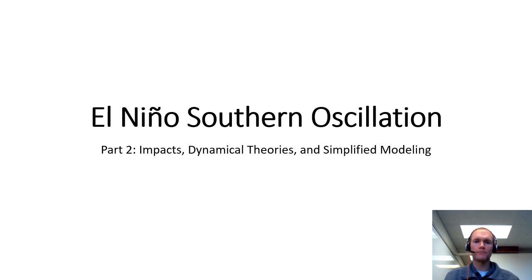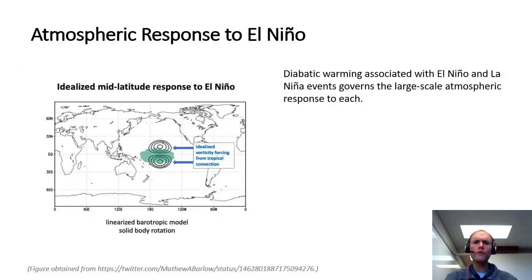So let's get started. Here we're going to take a very simplified look at the atmospheric response to an El Nino-like forcing. In this particular case, which is from a video put together by Dr. Matthew Barlow at UMass Lowell, there's a prescribed warming that results from oceanic warming associated with El Nino that then facilitates enhanced latent heating in the atmosphere associated with deep moist convection or thunderstorms.